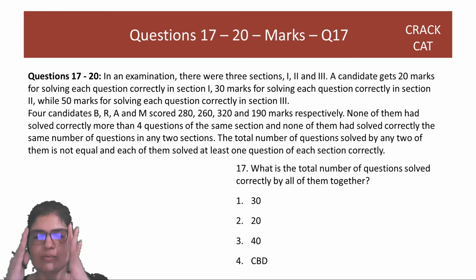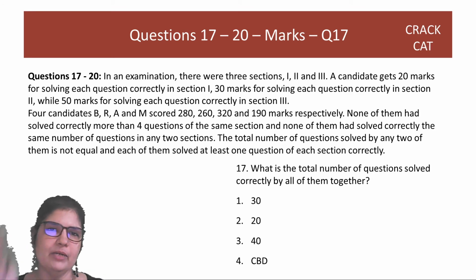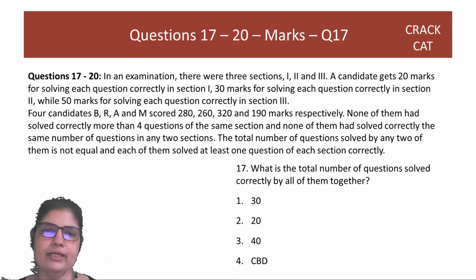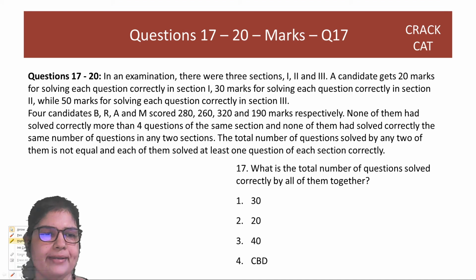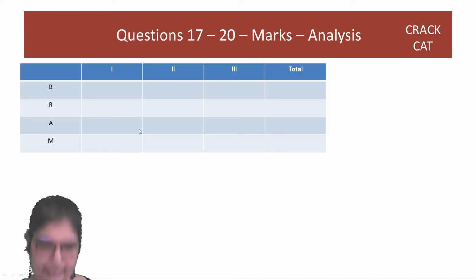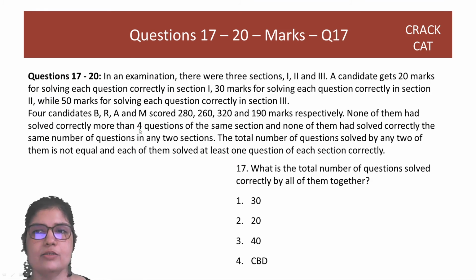So, before we move ahead, guys, here it is 20, 30, 50, everywhere there are zeros, and here it is 280, 260, 320, zeros again. Just get rid of all the zeros. Okay, so I've made a table here because we all know that I'm not that neat. Let's work with that table. I'm just going to write: section 1 is 2 marks, section 2 is 3 marks.